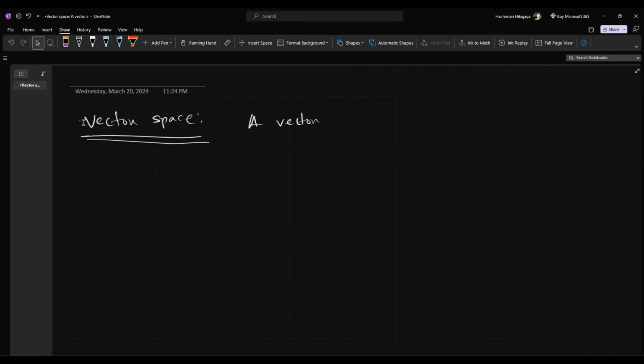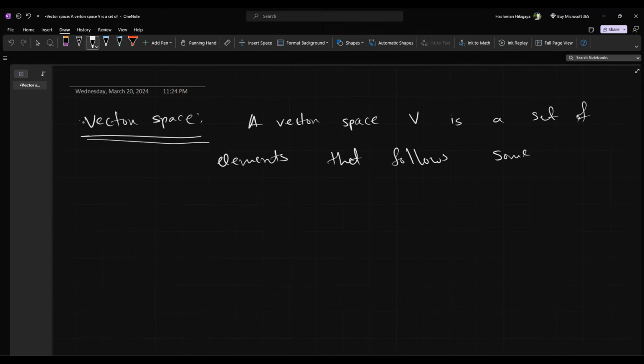A vector space V is a set of elements that follows some properties.